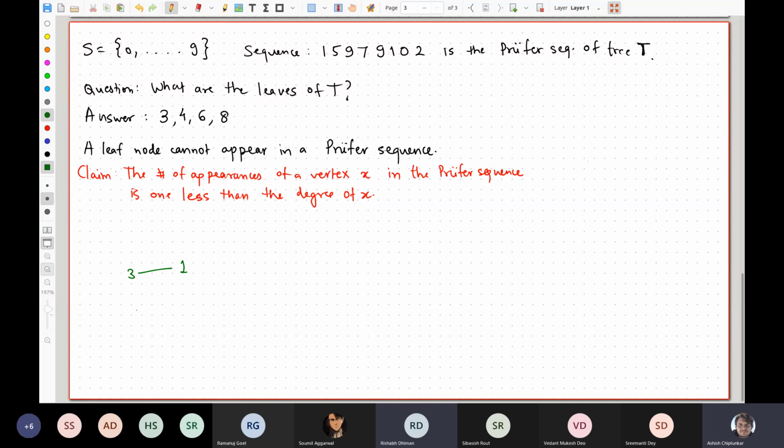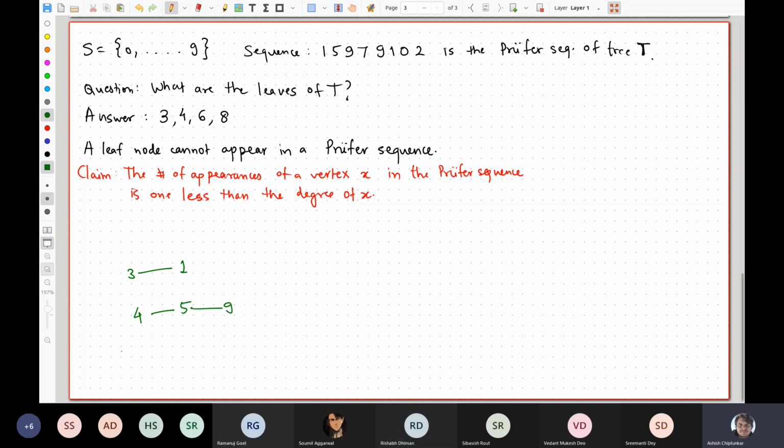Okay, cool. So continue. Now from the thing we proved earlier with degree minus 1 being the number of appearances, you see that 5 now becomes a leaf. Nice observation. And so now 5, 9 will be an edge.